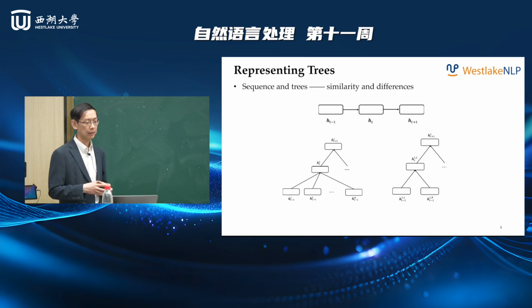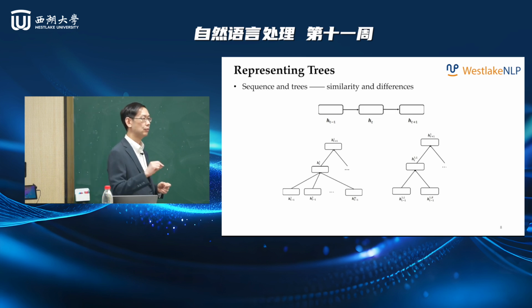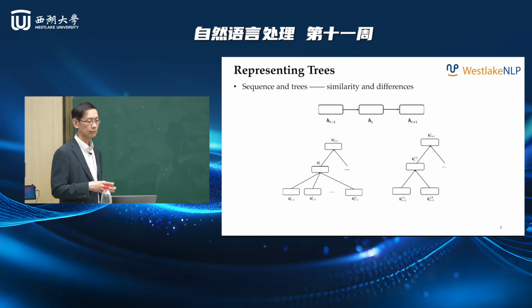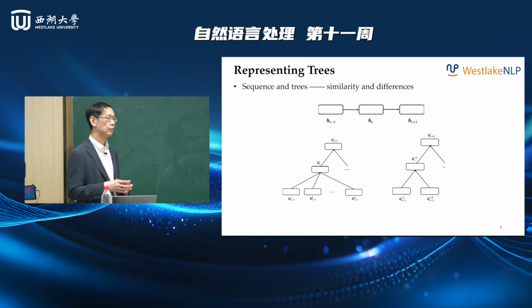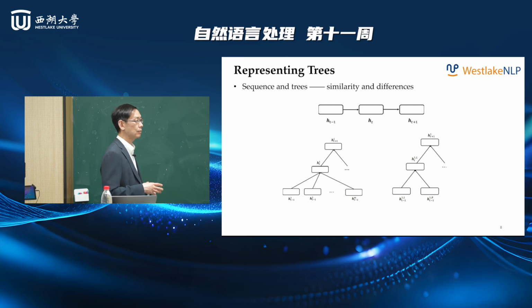So when we build an RNN for sequences, we just go left to right, and we define an RNN step to consume each input, okay, and update the current state. Now, when we think about an RNN for trees, shall we go top down or bottom up? That's the first question, right? Do you want to go top down?